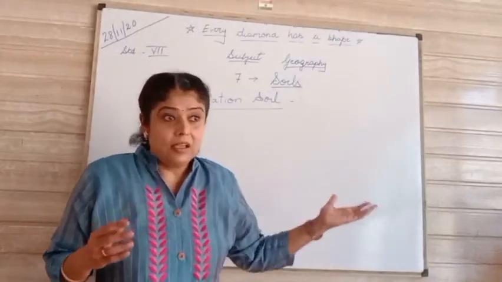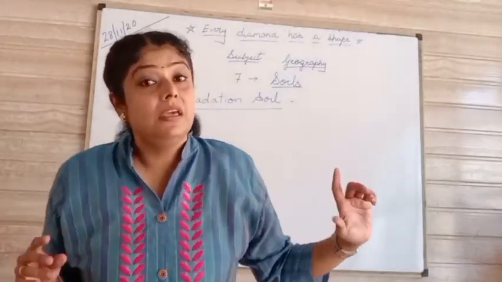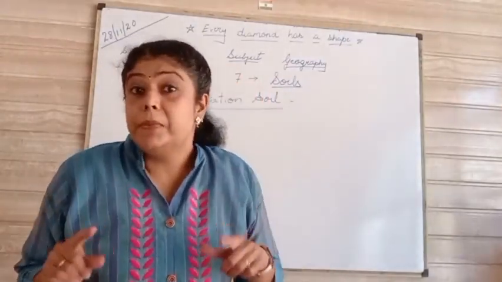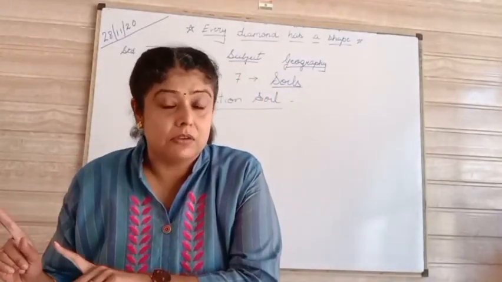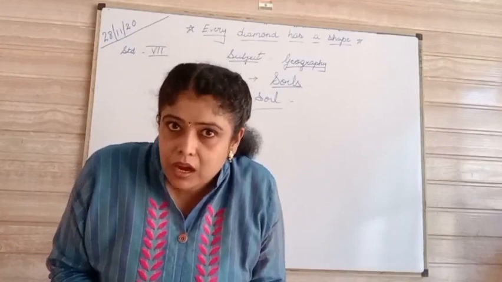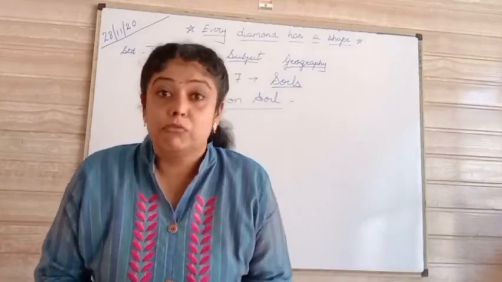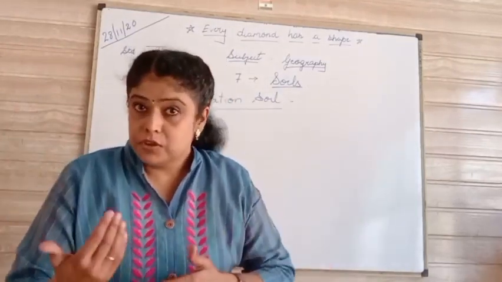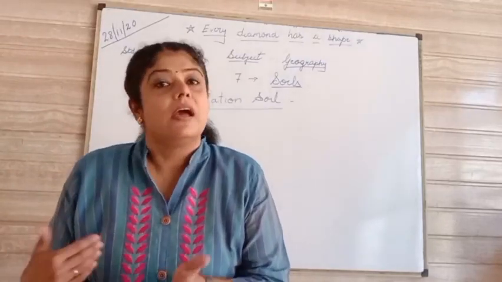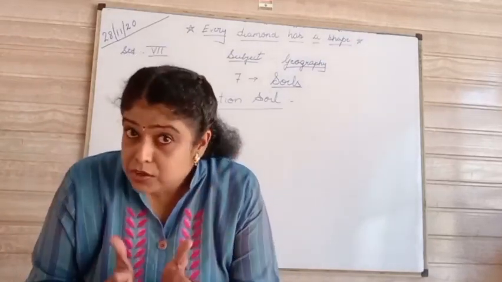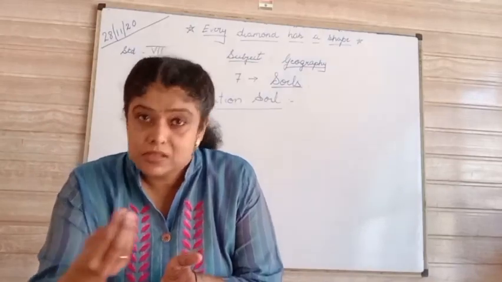Microorganisms, as I already explained, help in preparing the humus, which is the food for the plant. So if these microorganisms are killed, definitely there will be no humus. The proportion of the humus decreases in the soil, and as a result, the fertility of the soil decreases. So there is no food for the plants in that particular soil.